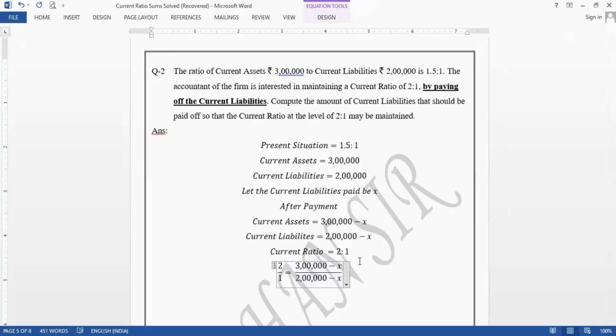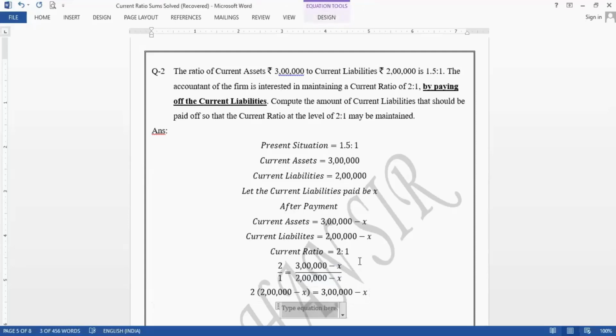So I have placed the values over there. Now if I have to solve this, let me put it again over there. 2 into (2 lakh minus X) is equal to 3 lakh minus X, right? This is the unitary method you might have learned in the lower standards.